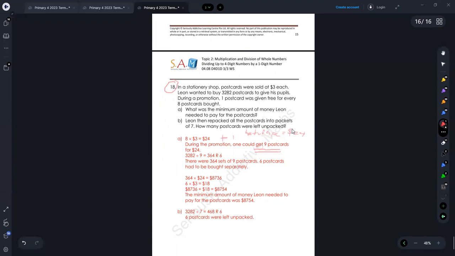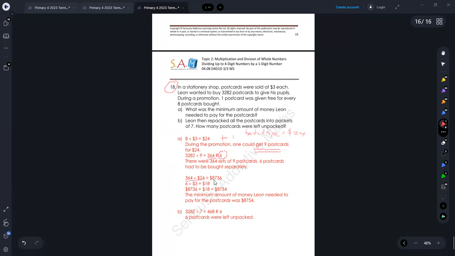If he needs 3,282, it'll be 3,282 divided by 9, because each set has 9 postcards. Then it'll get you 364 sets, and you've got to buy an extra 6 to make up for it. So the 364 sets will be at the price of $24 each.